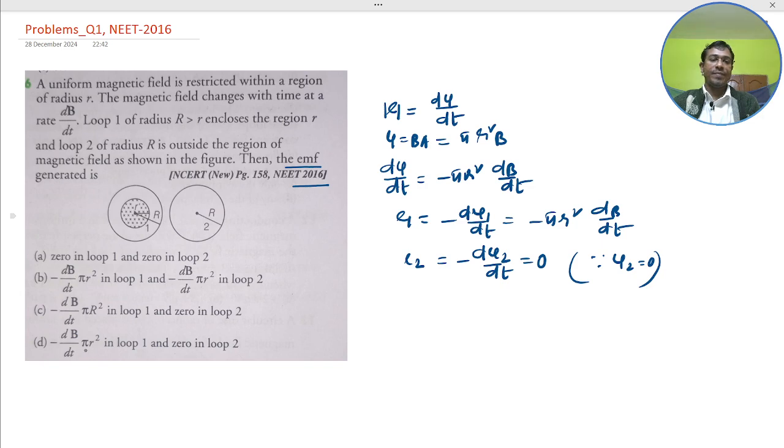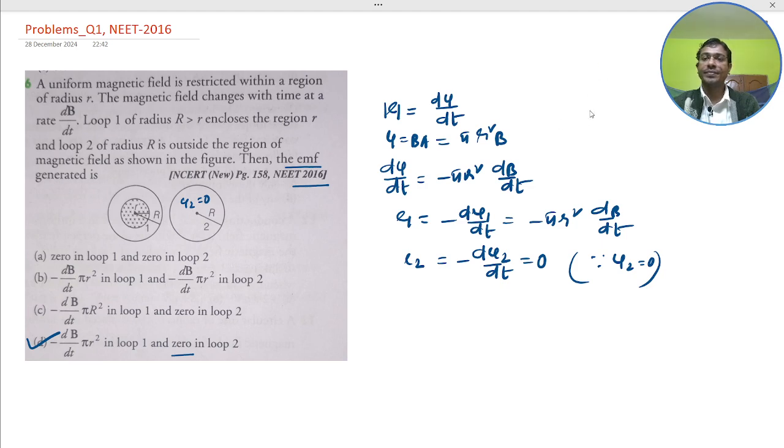Here phi 2 is equal to 0, since there is no field, so the induced EMF is 0 in loop 2, and minus pi r square dB dt in loop 1. D is our correct answer.